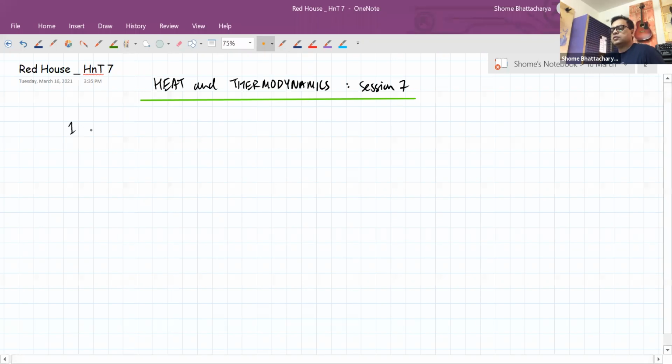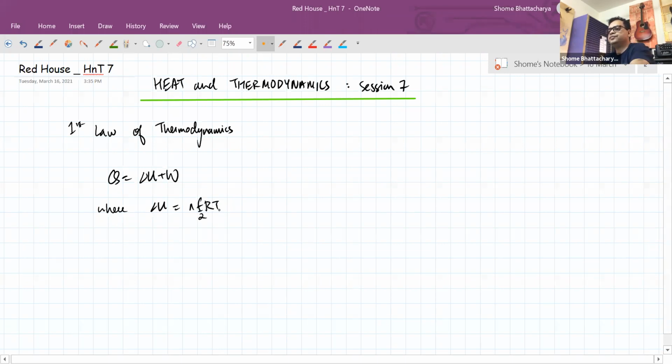Okay, so first law of thermodynamics. We had seen the statement. The way we write it in physics is slightly different because we write the work done term as the work done by the gas. So Q is equal to delta U plus W, where delta U is that n into degrees of freedom into half R delta T term.